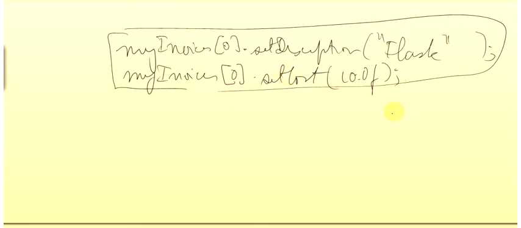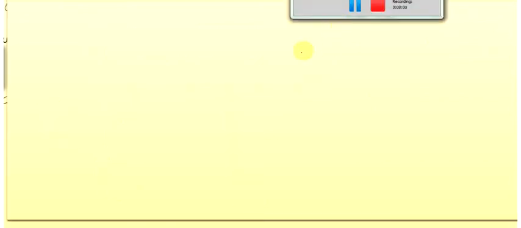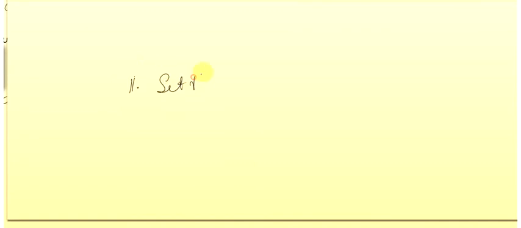Now similarly you would continue doing this for both the cost and the description for invoice 1, invoice 2, invoice 3, and so these would be for the 4 invoices. Remember, we have 4 invoices to be set, so you would do this 4 times. Our plan would be to first set the details of each invoice.